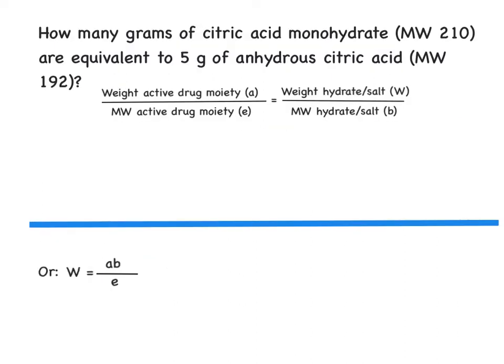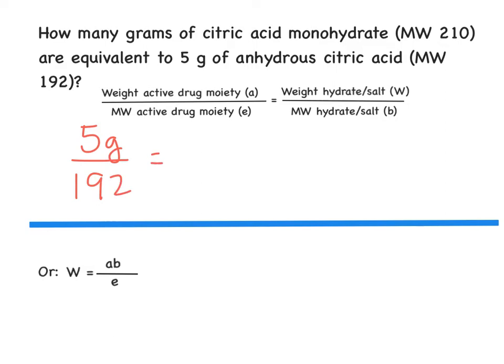So looking at our first example here, we want to calculate how many grams of the citric acid monohydrate we'd need in order to get the equivalent of 5 grams of anhydrous citric acid. So the weight of our active drug moiety here is going to be 5 grams of that anhydrous citric acid, which has a molecular weight of 192.